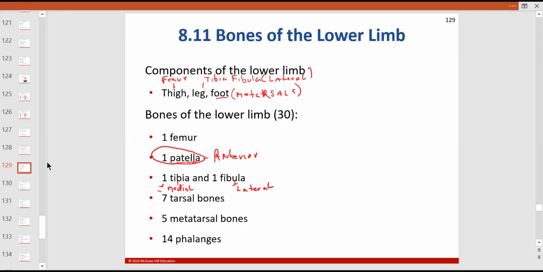And 7 tarsal bones. These are easier than the carpals. So this is your ankle. Your metatarsal bones, 1 through 5, are your foot. And your 14 phalanges are your toes. So the big toe is called the hallux. And that's the first digit, the hallux.